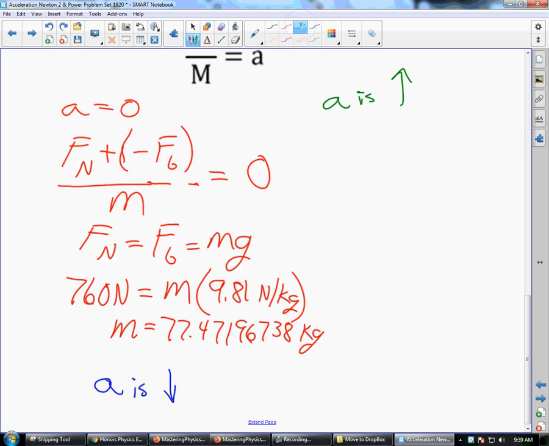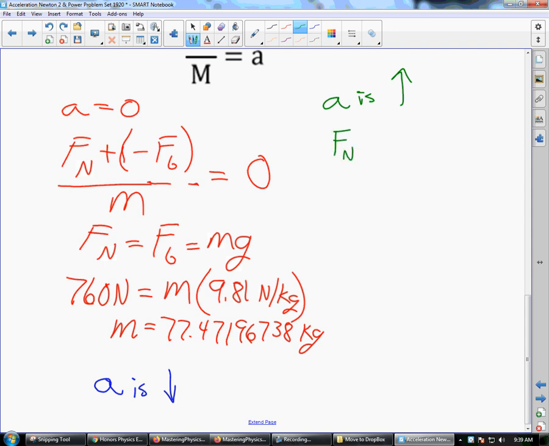Now, that acceleration up, and because it's up, I know the net force is up. Therefore, it's going to be the largest normal force. All right? Because that's the only way I can produce an upward force. So I'm going to use the same thing. I'll try to write a little bit smaller now.